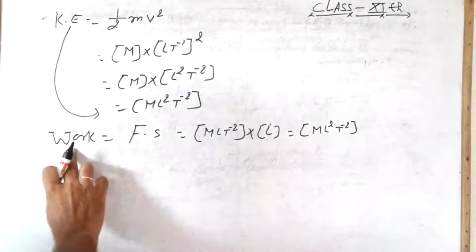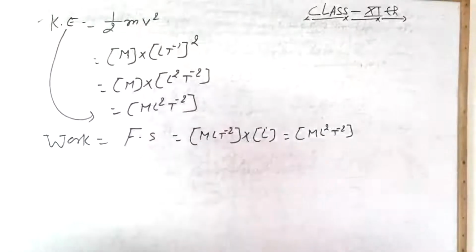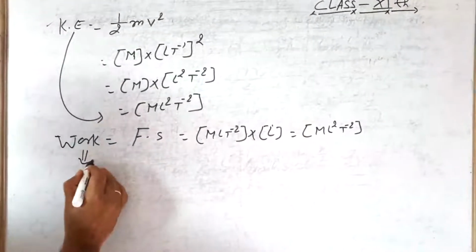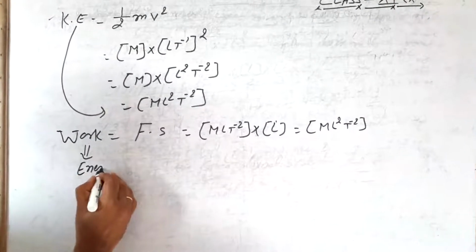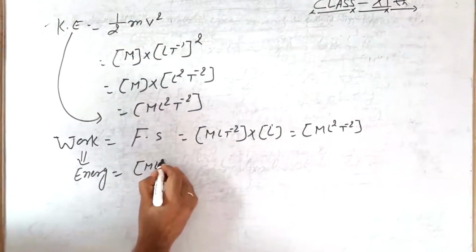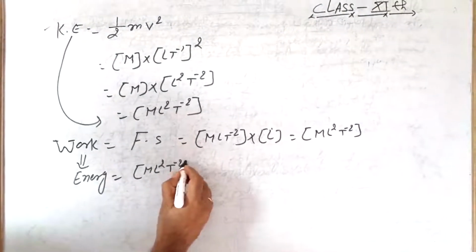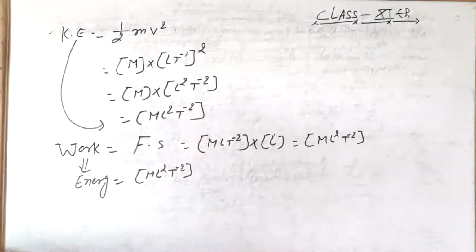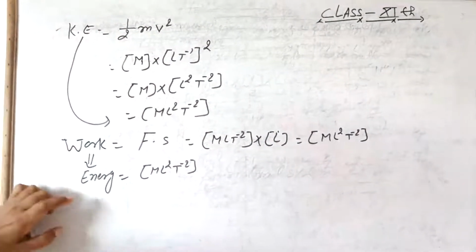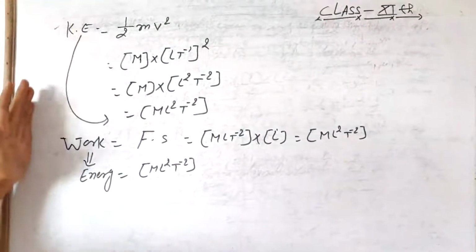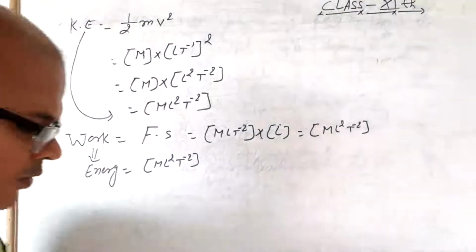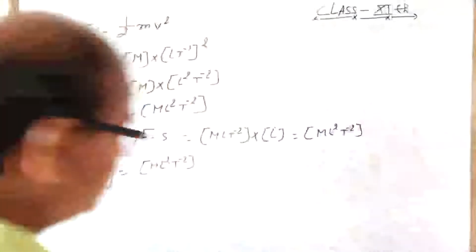This is the dimension of the work. Now work equals energy, so the dimension is the same, M L to the power 2 T inverse 2. One important thing: kinetic energy, work, or energy, various types of energy, but the dimension formulas are the same.